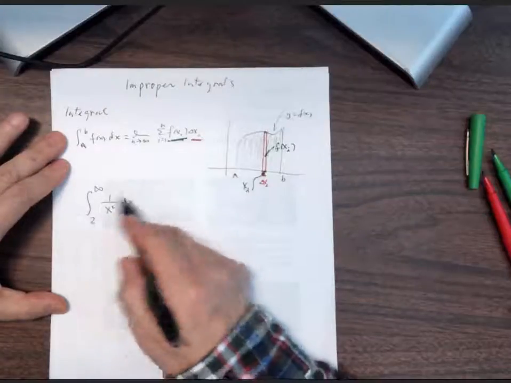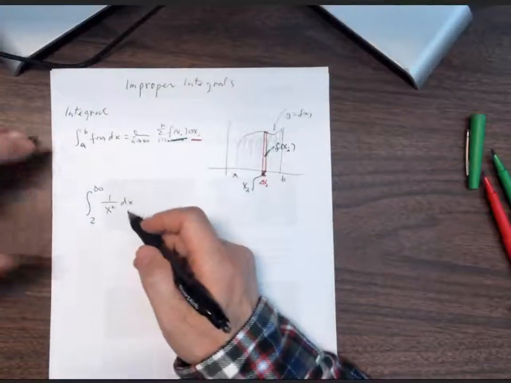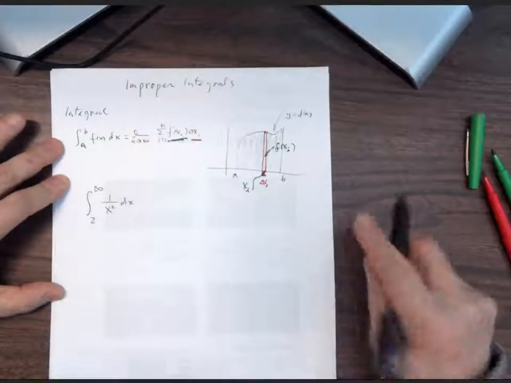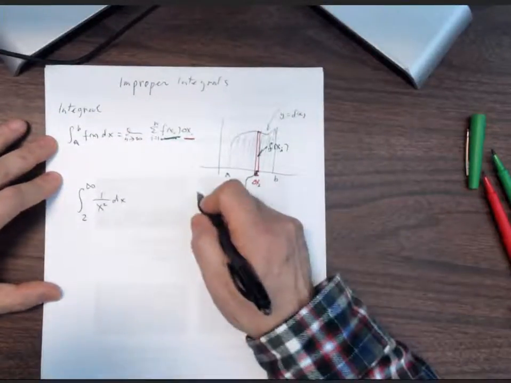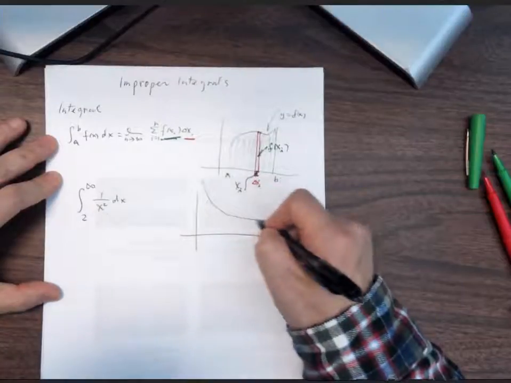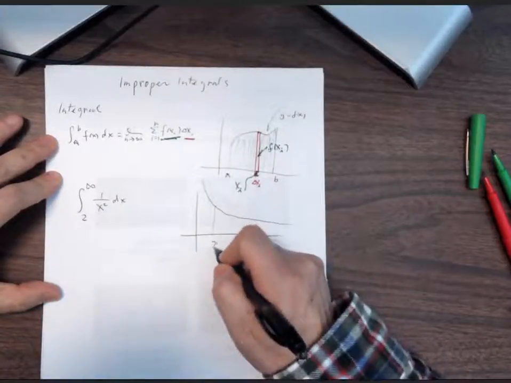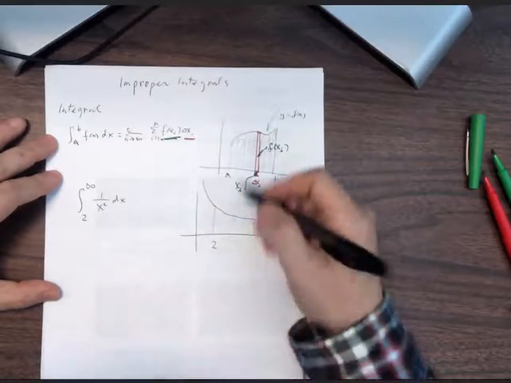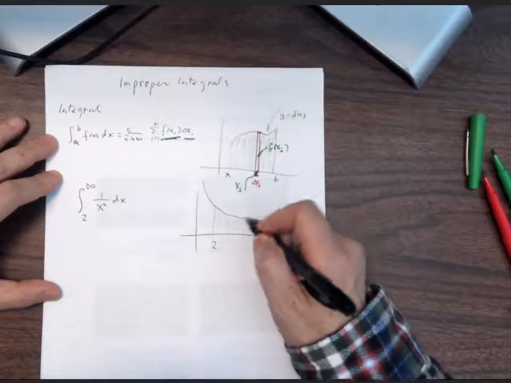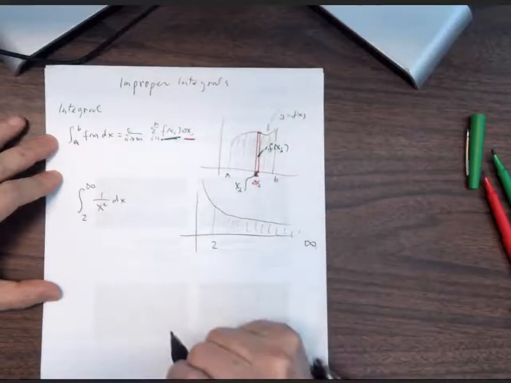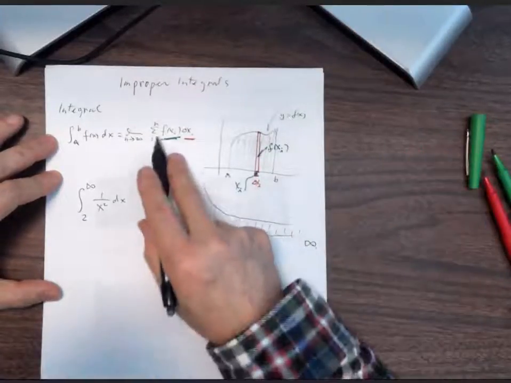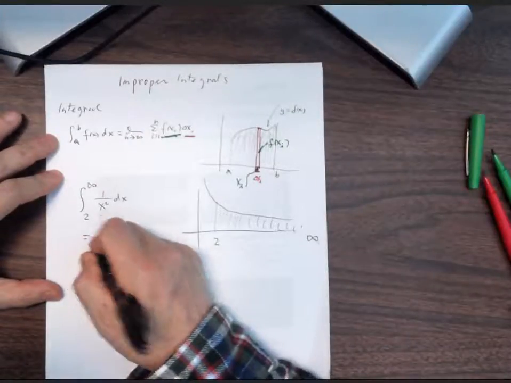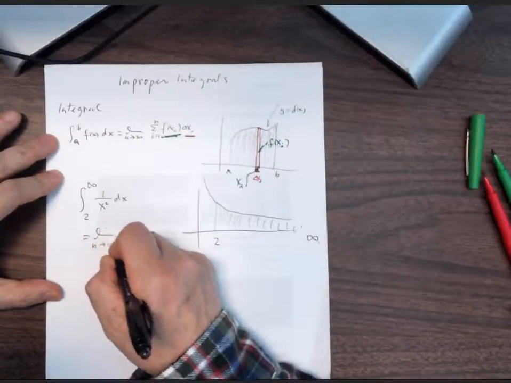For example, we can think of this as an integral that represents the area of a region, say from 2 to infinity. Now, if we try to do a similar thing, like divide this up into n parts to start out, we have a problem right away.